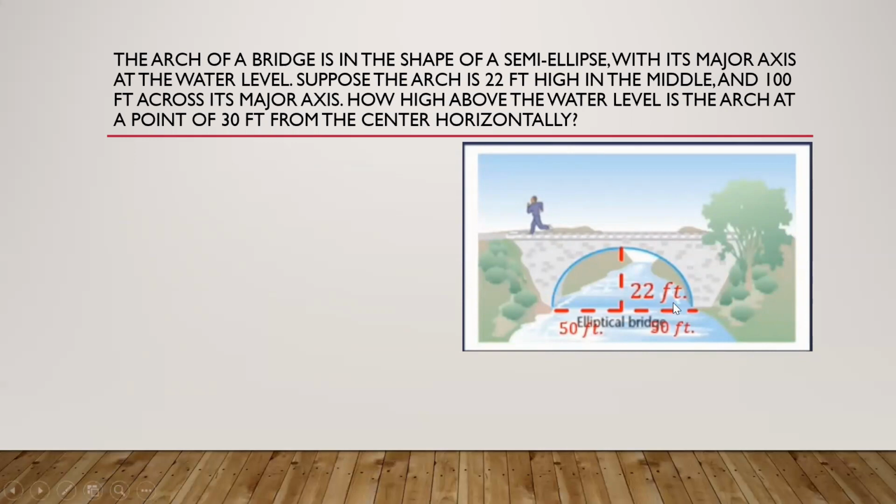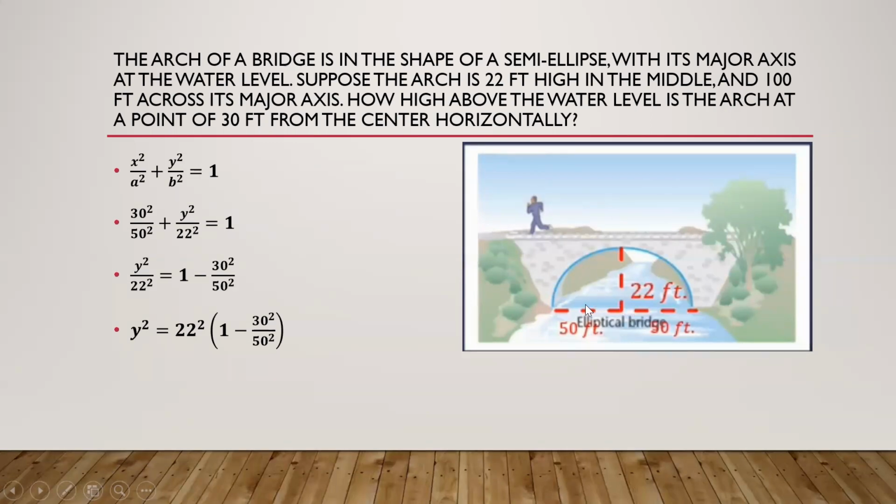So our bridge, our semi-ellipse, is 100 feet across. So that means our a is just 50, while our co-vertex b is just 22 feet, because it is said that the arc is 22 feet high in the middle.